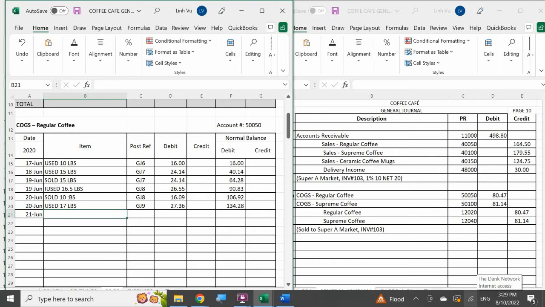How many pounds did we sell? We sold 50 pounds. Okay, 50 pounds at $80.47, and it's on page 10.